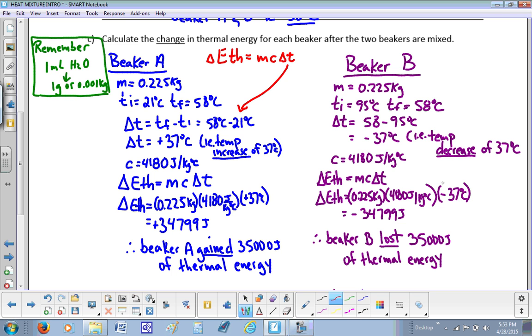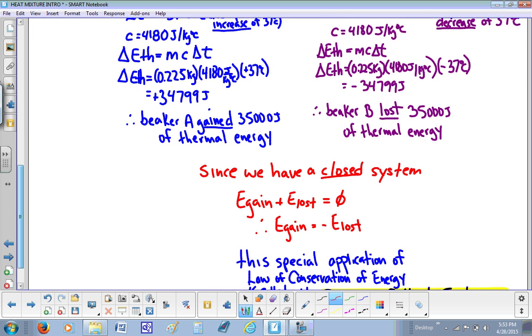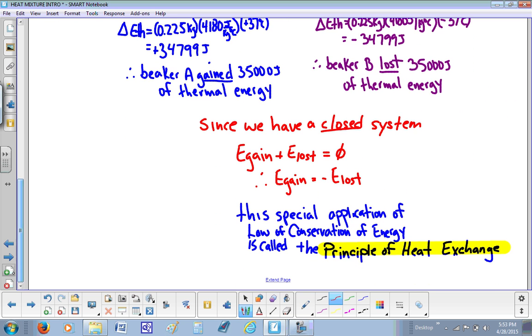It makes sense. This beaker was very, very hot. It cooled off. As a result, it lost this much energy. The particles in the other beaker gained that energy. So this is really a specific example of the law of conservation of energy. So it's very interesting. So we call this the principle of heat exchange.